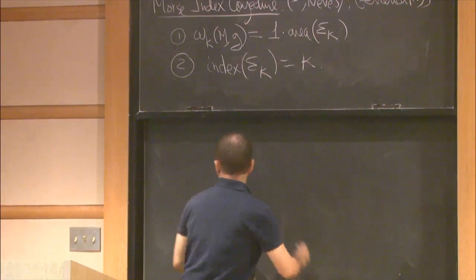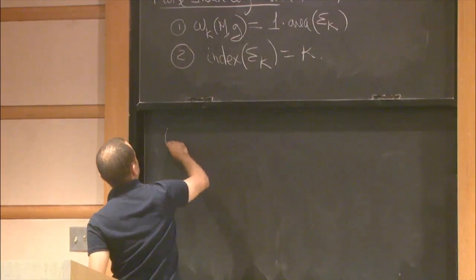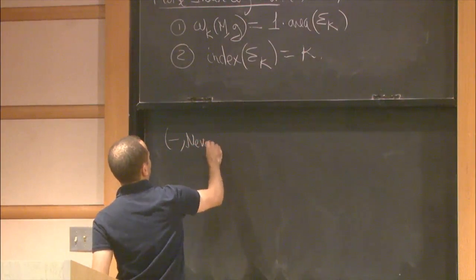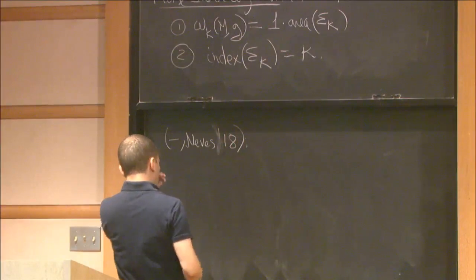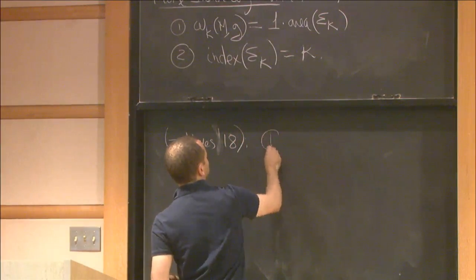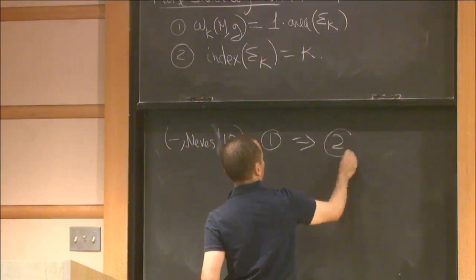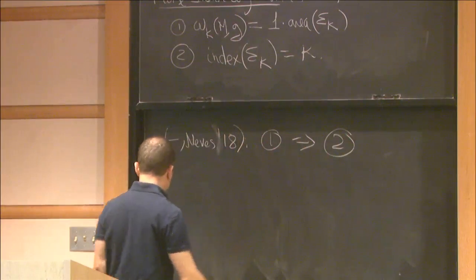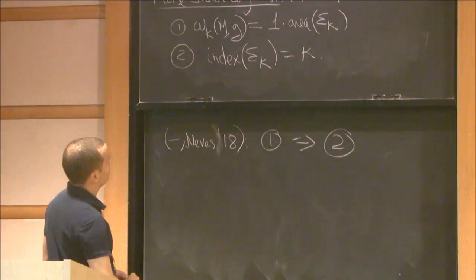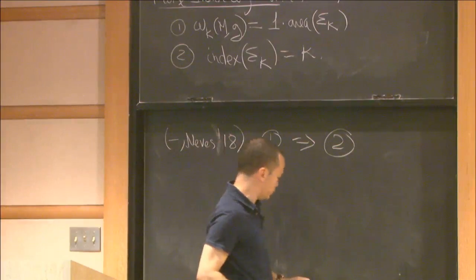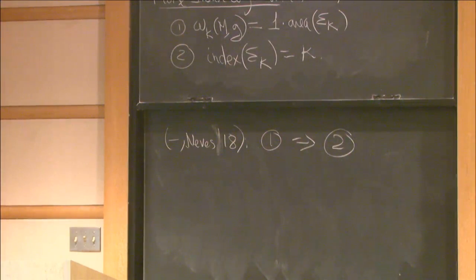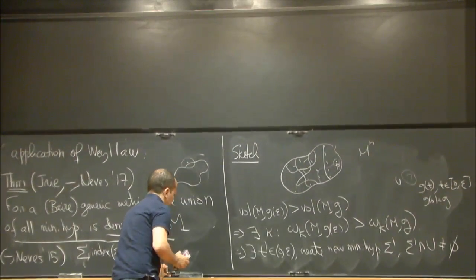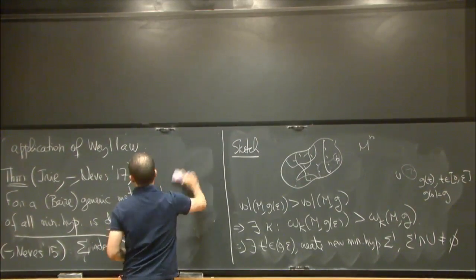So what we proved recently, in 18, was that 1 implies 2. If I assume that it's achieved with multiplicity 1, then one gets the Morse index information. But I would like to finish with recent progress on that conjecture in dimension 3.